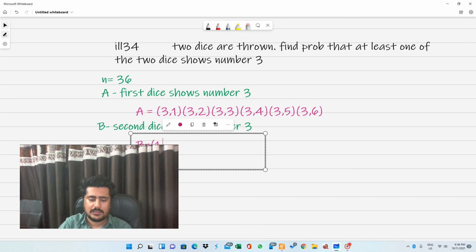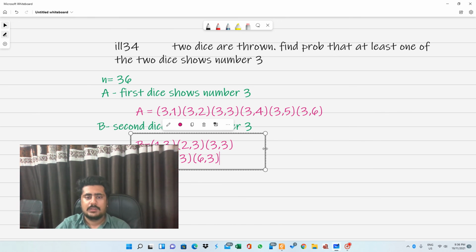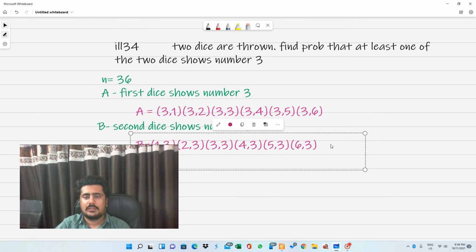That means it is 1 3. It's 2 3. It is 3 3. It is 4 3. It is 5 3. And it is 6 3. So 1 3, 2 3, 3 3, 4 3, 5 3 and 6 3.